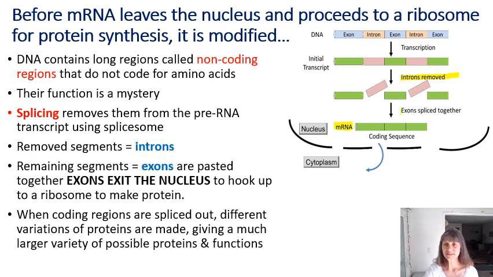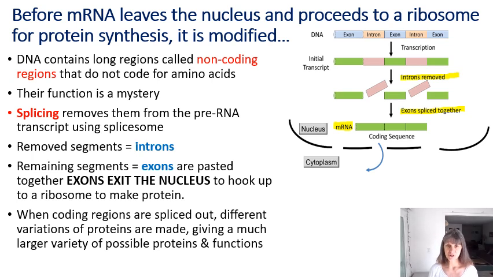Exons are spliced together, and as they're joined together, they carry the coding sequence for the polypeptide chain of amino acids as they form that final messenger RNA molecule, which will travel out through the nuclear pore to hook up with a ribosome to start making a protein.